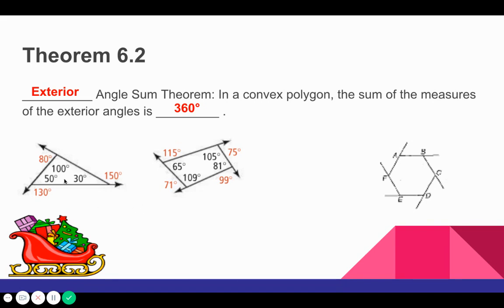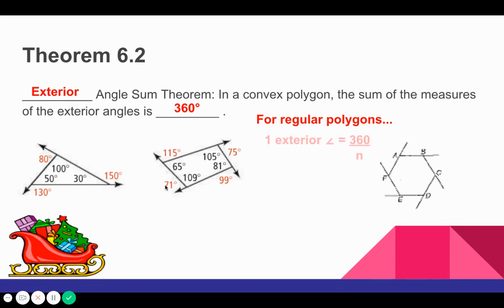Remember, an exterior angle is what you get if you extend one side of the figure. Here, in a triangle, we have 180 on the inside, but on the outside, we have 360. Here we have a quadrilateral. The outside angles will add up to 360.